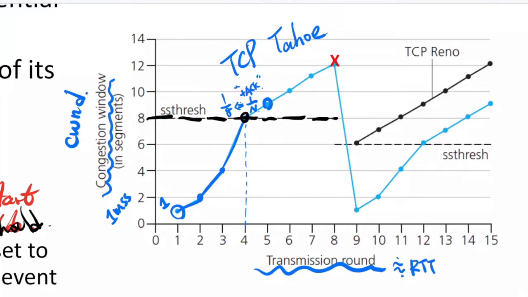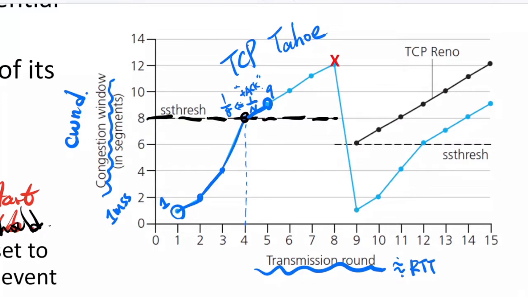So the next round, after you receive 8 acknowledgements, and each one adds 1 over 8 MSS, the total will be 9, right? Originally you have 8 and plus 8 times 1 over 8, and at the end of this round, the congestion window will be 9.